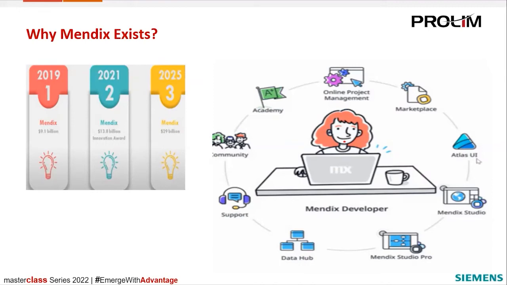Mendix provides the functionality for us to work instantly, and it supports high security. We both work at a time in the same applications, we both commit our work and we can update, and we can do all those things using the Team Server. That is what Mendix provides, with great support and security.